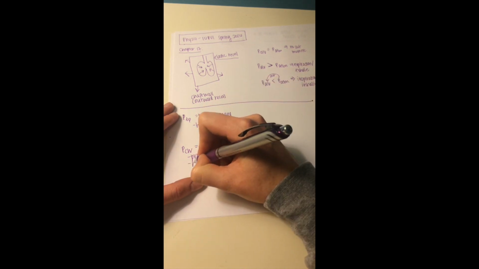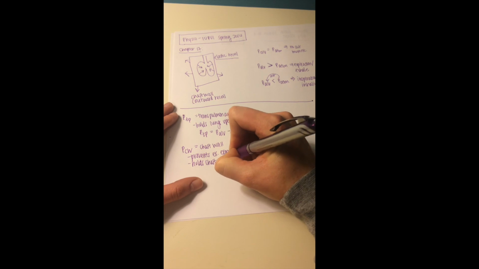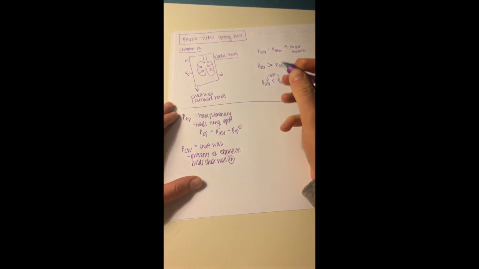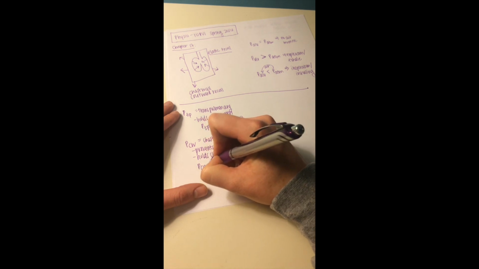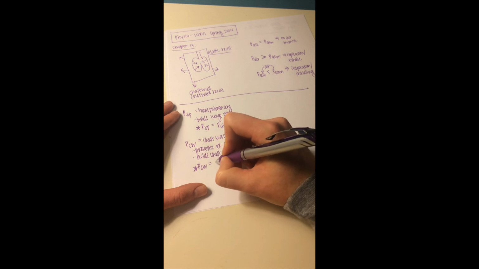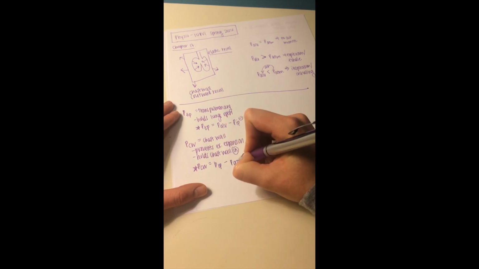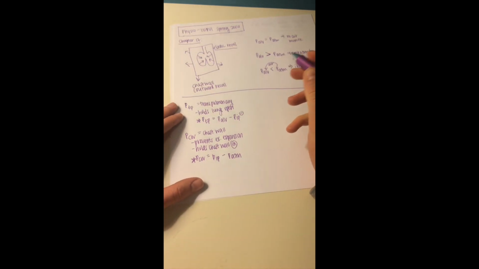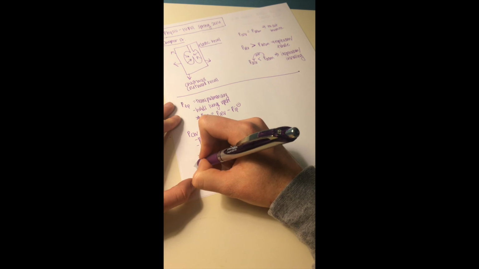So it's the pressure that holds your chest wall in. And the formula for this one is your chest wall pressure is equal to your intrapleural pressure minus your atmospheric pressure. And I'm going to draw the picture after this. It's going to be really helpful, at least it was for me.